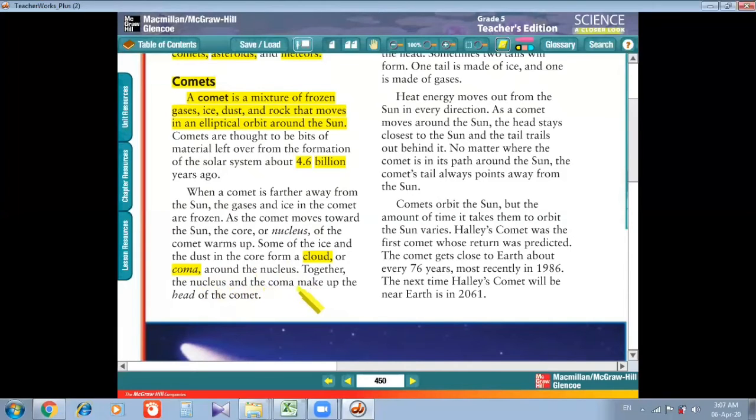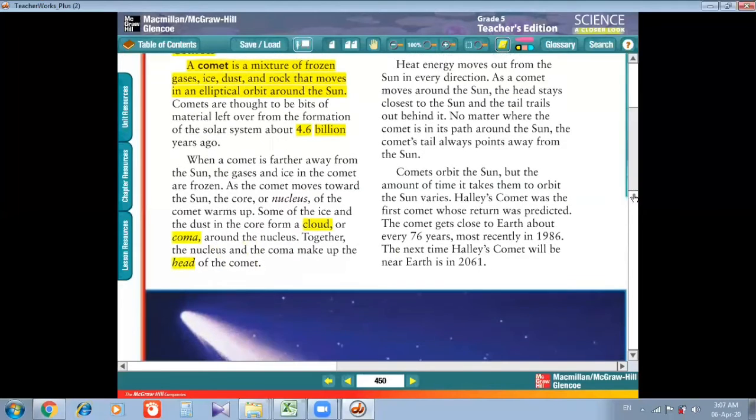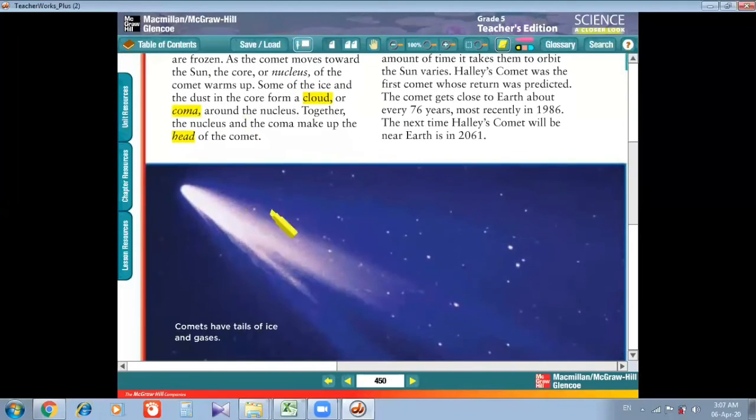Together the nucleus and the coma make up the head of the comet. At the bottom of the page, you have a picture of the comet. This is the comet. Comets have tails of ice and gases. This tail is made from ice or gases.